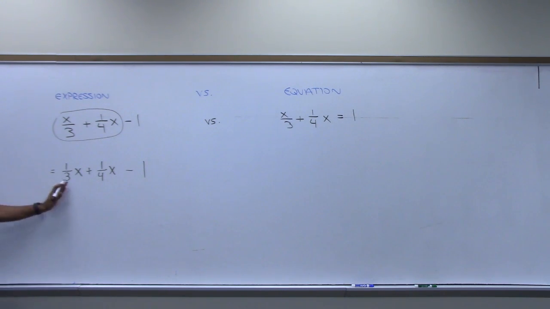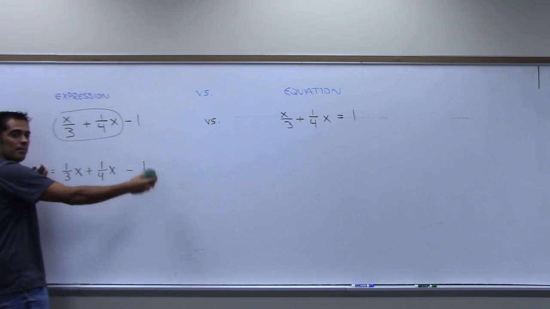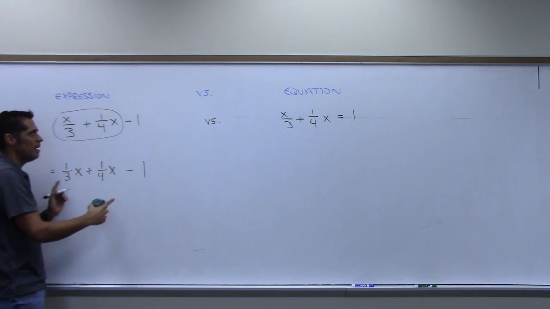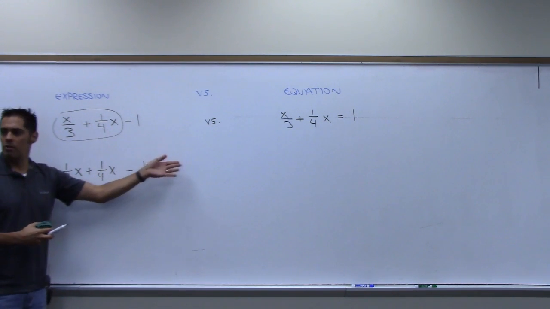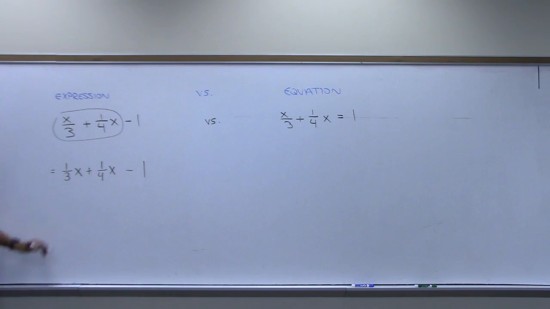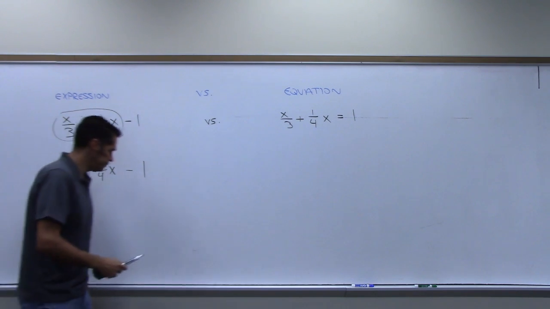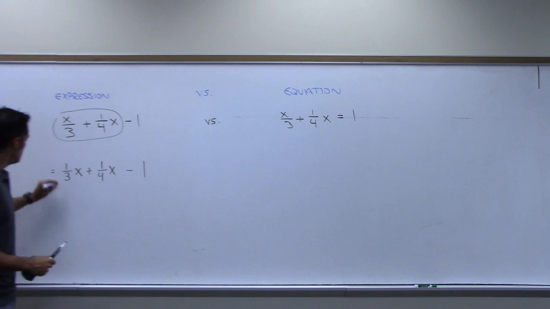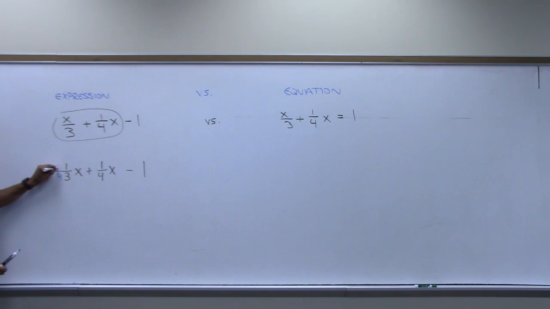And now I can put these two together, right, if I get a common denominator. Can I get an LCD and multiply both sides here? No, I don't have both sides. This didn't start as an equation, right? So I can't do that. So I'm going to have to turn this into, what, a 12 on the bottom? So I'll multiply 4, 4 like that, and then over here, what, 3 and 3?